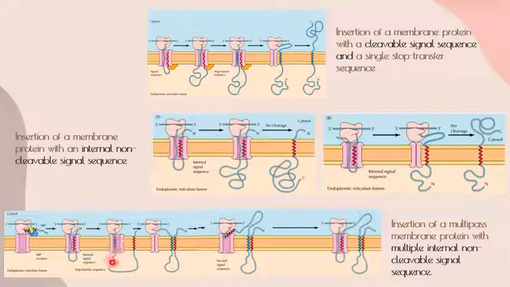The stop transfer sequence again is this alpha helix shape in the middle of the protein.